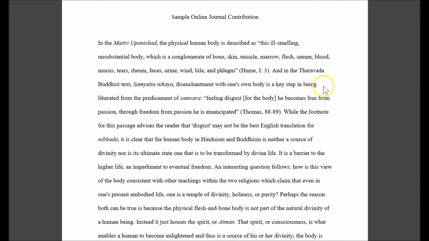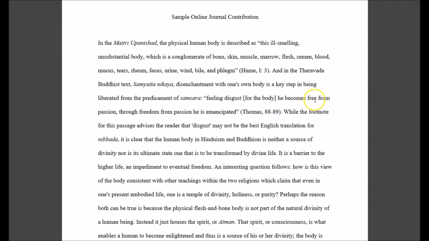And further, she's made a point here. She's put in another key part of the interpretation of the quote that follows by saying a key step in being liberated from the predicament of samsara. Now that's an independent concept, the predicament of samsara. She's brought that in from her own knowledge gained from other parts of the reading, or maybe the class discussion or something like that. And she's connected it to then this key step in being liberated.